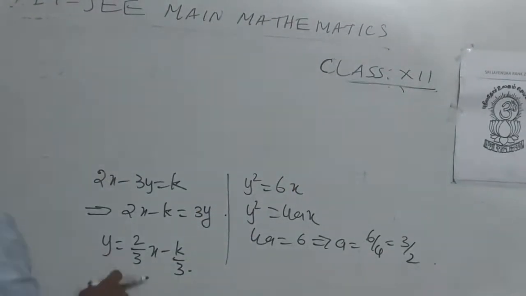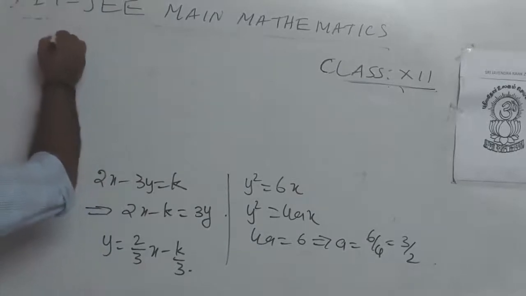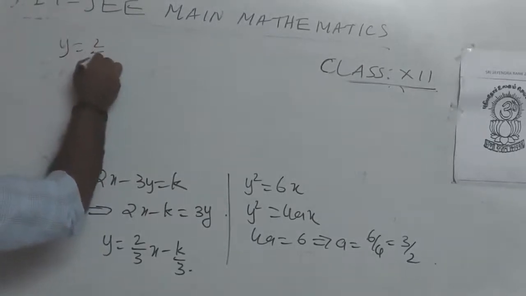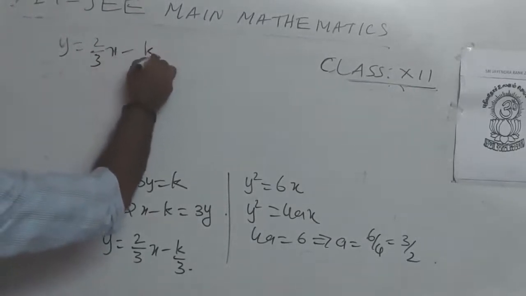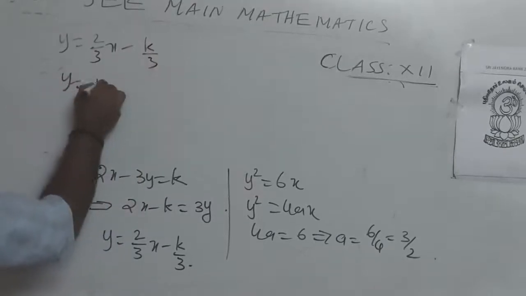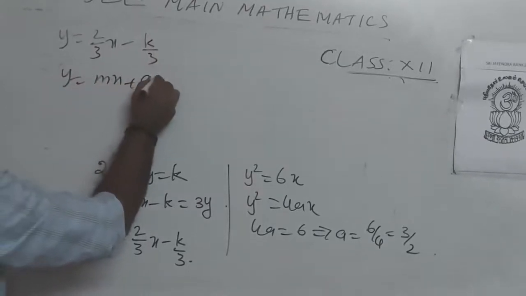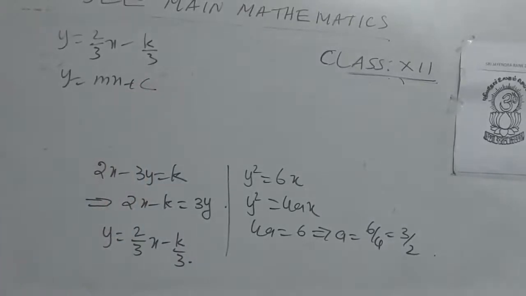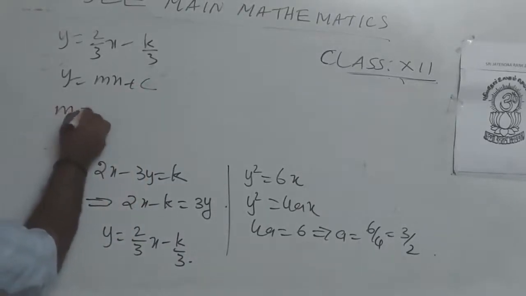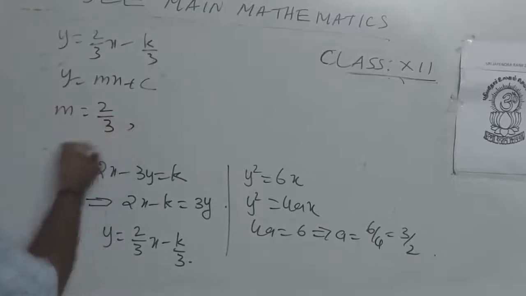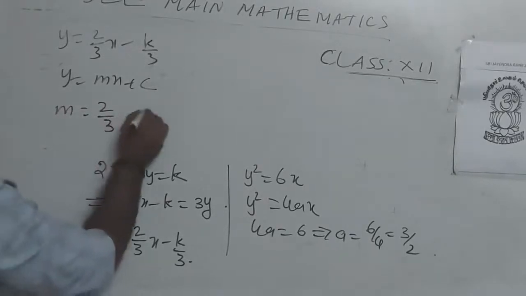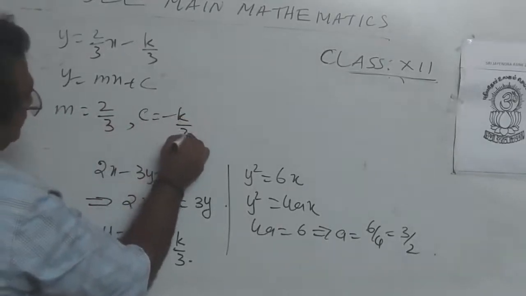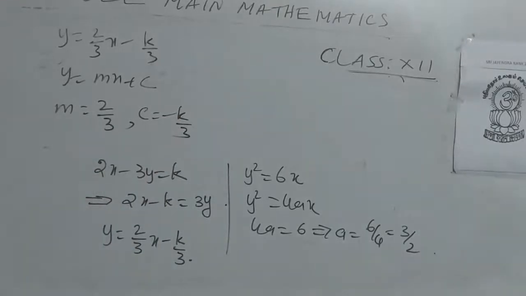This is mx plus c. Y equal to 2 by 3 x minus k by 3. Comparing with y equal to mx plus c, we get m equal to 2 by 3, c equal to minus k by 3.